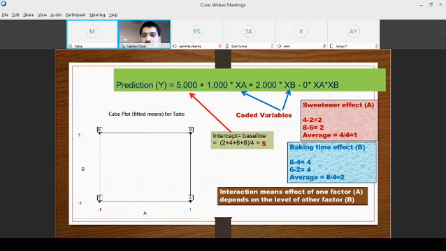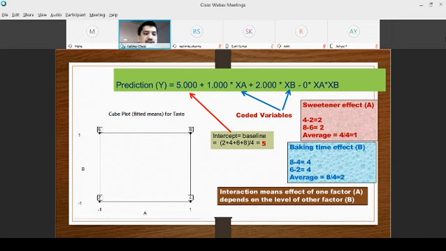Why? Because in this particular cube plot, we have represented it directly from minus 1 to plus 1. But we have one more coded value called 0. That means this particular value will have a leap of 2. So 4 divided by 2 is from minus 1 to plus 1.